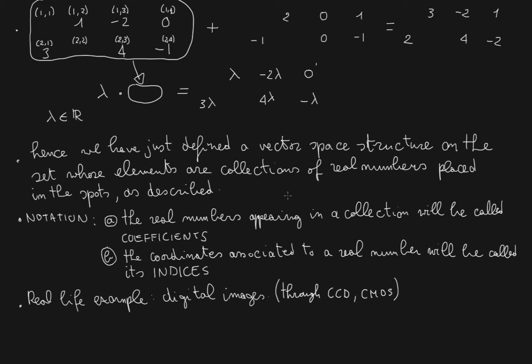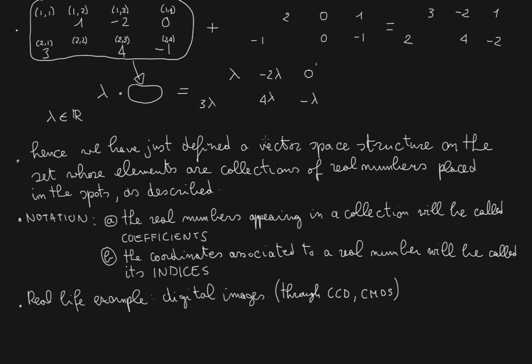So in that case we will have a collection of positive integers comprised between 0 and 255 distributed on a rectangular shape.